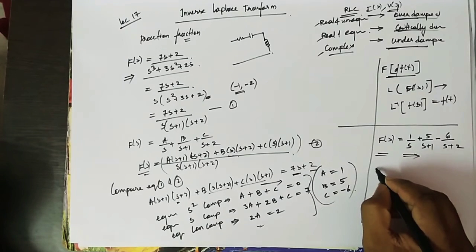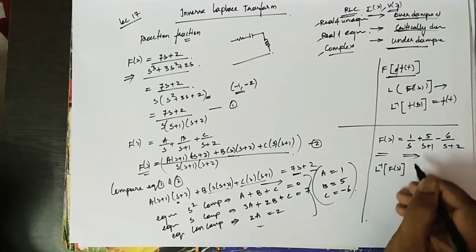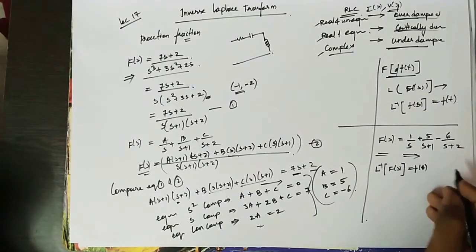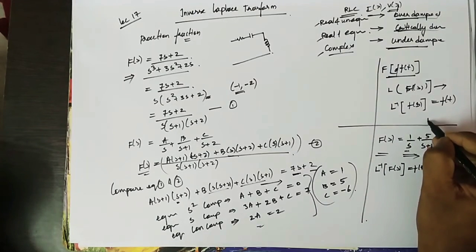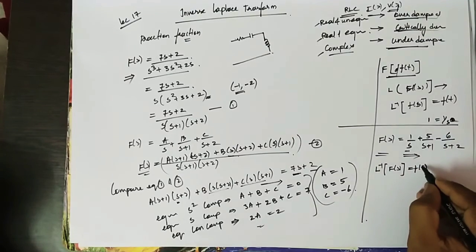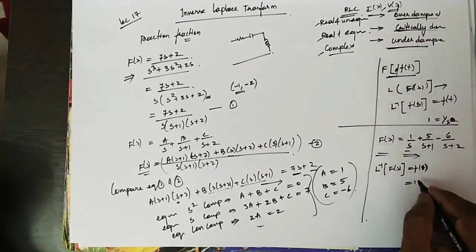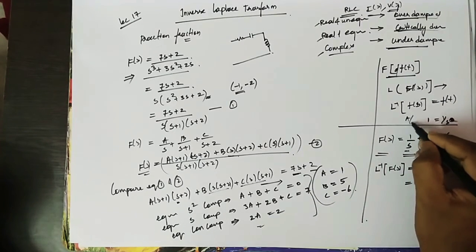Now you find the Laplace inverse of this f of s, that is f of t. Immediately you see the Laplace inverse of 1 by s is 1. So f of t equals 1 plus, this is in the form of 1 by (s plus a).